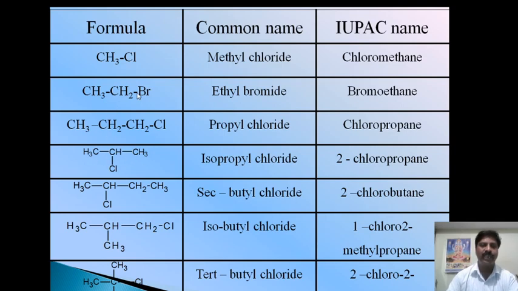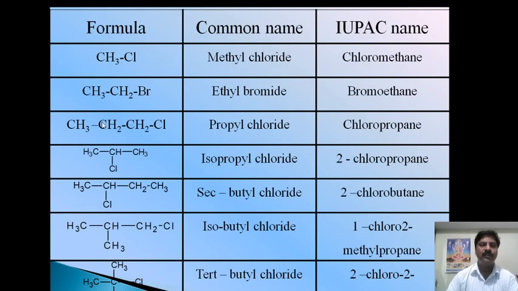Here only one carbon atom is there, therefore 1-chloromethane, or simply chloromethane, is the name of this compound. Here numbering takes place 1, 2, therefore 1-bromoethane, or simply bromoethane.